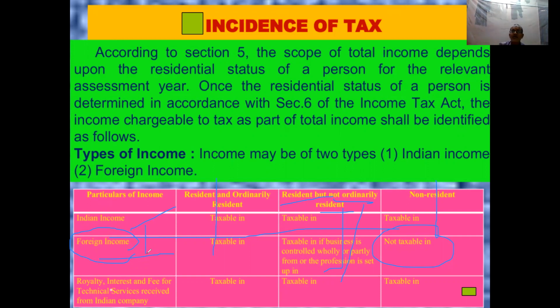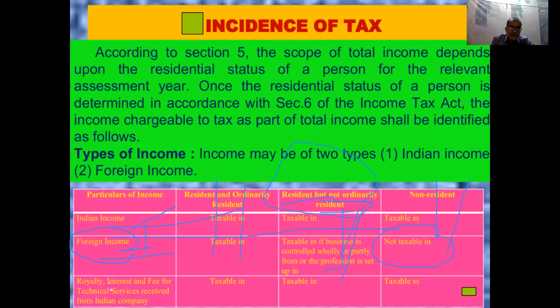What is Indian income? Income earned in our country by working here. It may be in a school, in college, in office or factory, or in an organization, or in a company. Whatever income is earned and received in India is Indian income. All other incomes are foreign incomes. On foreign incomes, resident and ordinarily resident has to pay tax. Non-resident need not pay. Resident but not ordinarily resident has to pay tax provided the business is controlled from India.